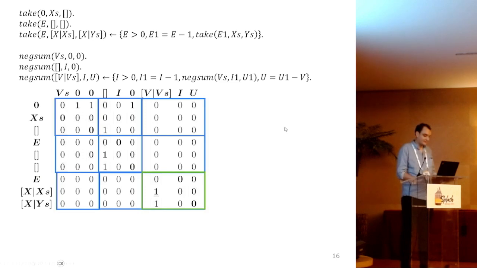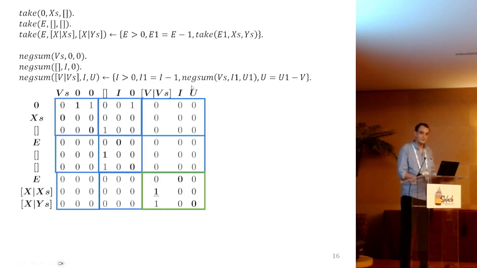But consider, for example, that we select the underlined element there. What's interesting here is that when we select this element, we actually constrain the second argument of take to be mapped on the first argument of next sum, and we also constrain the third clause of take to be mapped on the third clause of next sum.